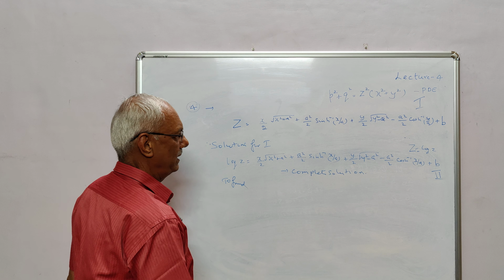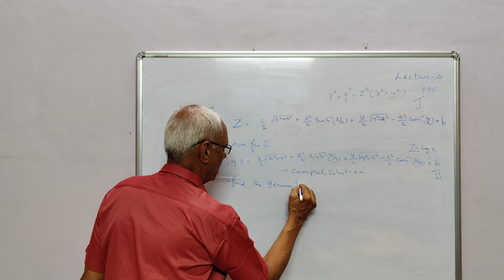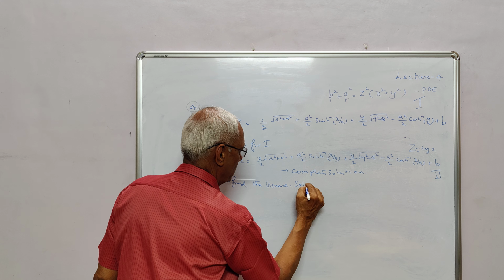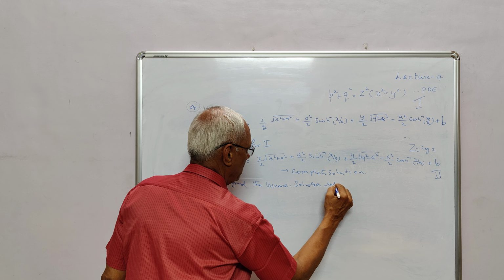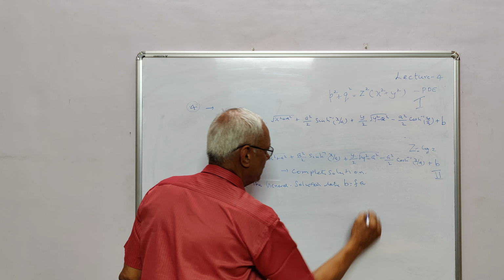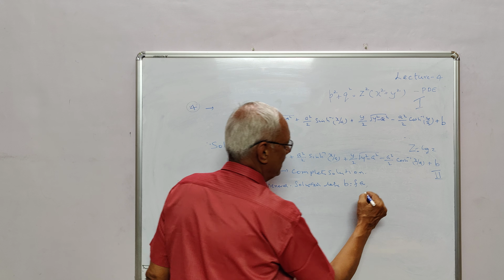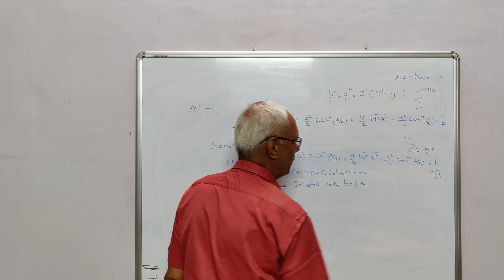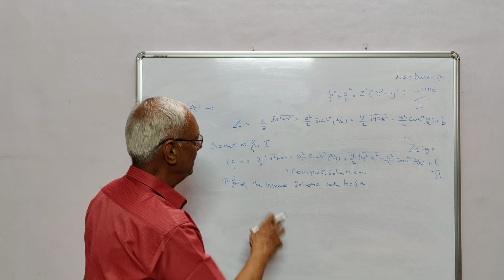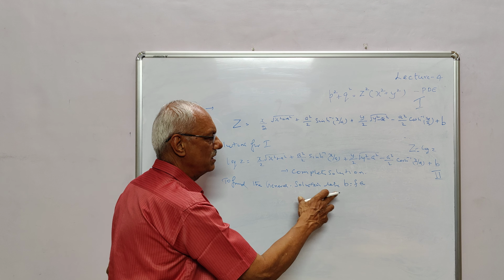To find the general solution, you take b is equal to f of a, b as a function of a, and differentiate with respect to a, because we have to find the value of the constants here.